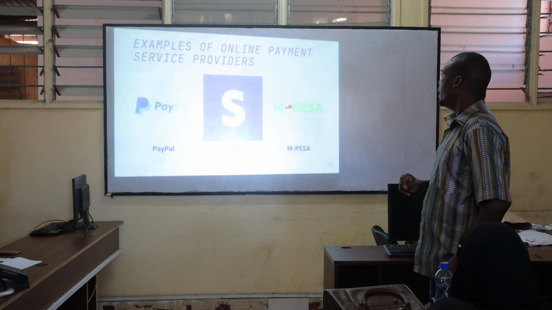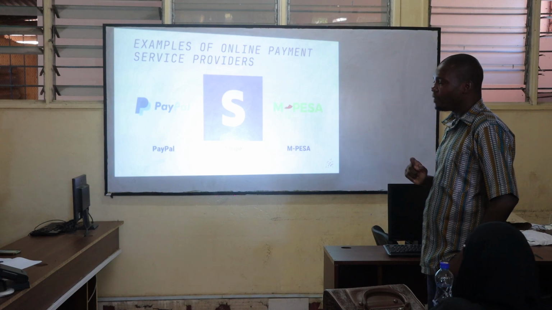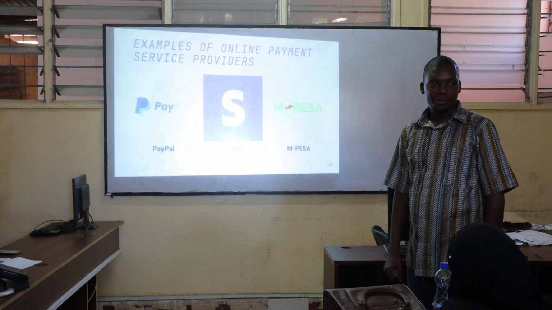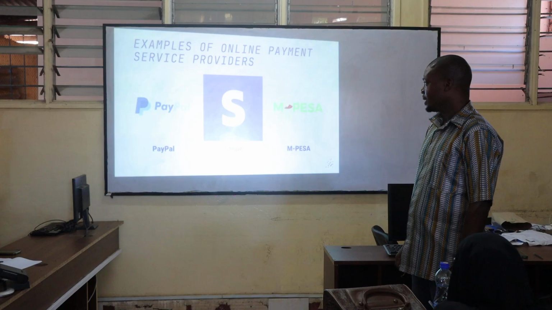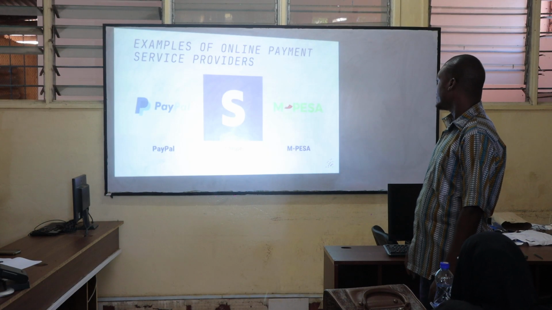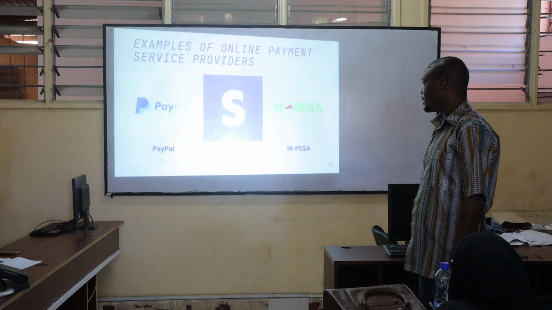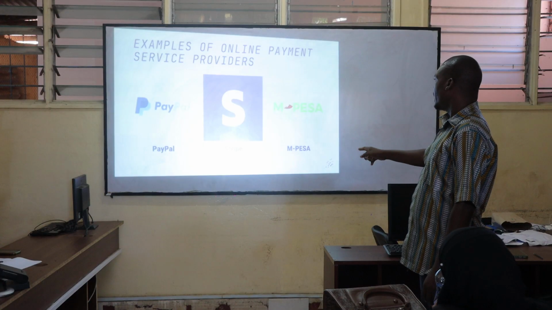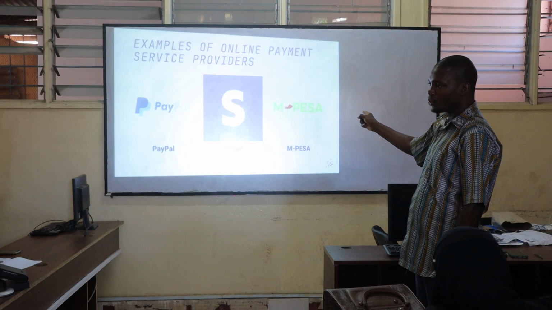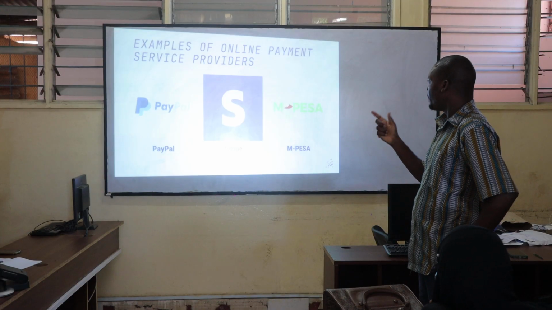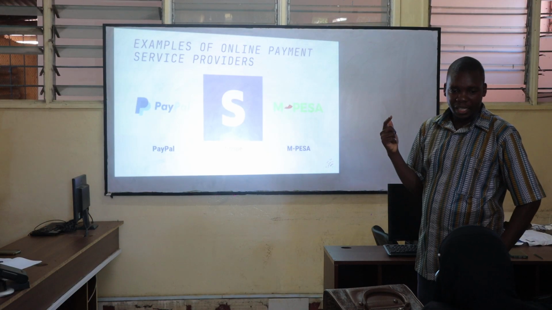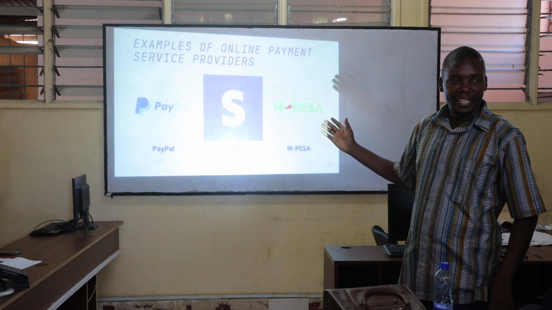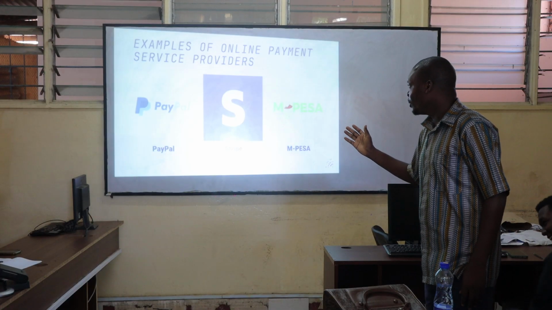For example, these are the following online payment service providers. Number one, we have a major outstanding supplier called PayPal. Nowadays we have PayPal and M-Pesa. Then we have Stripe, M-Pesa, and this one, and I'm sure this one was fully customized to suit Kenya. Is PayPal M-Pesa globally found? Yes, through the M-Pesa app.